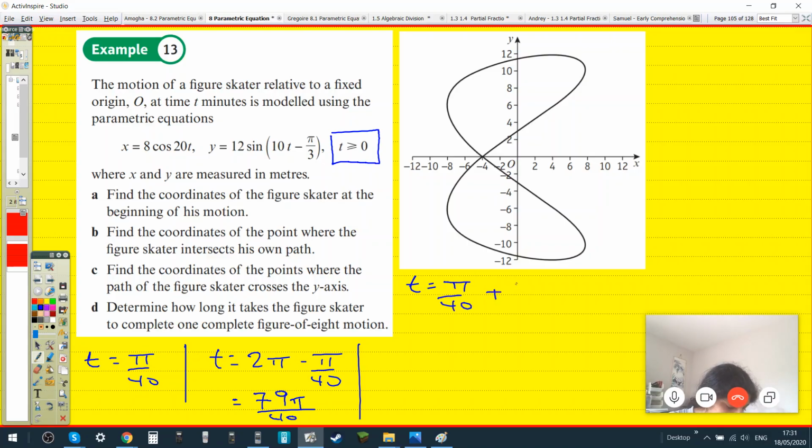Yeah. 81 over 40 pi? So that's the time of the first crossover, the second crossover, the third crossover. 79 pi over 40 plus 2 pi is 159 pi over 40.